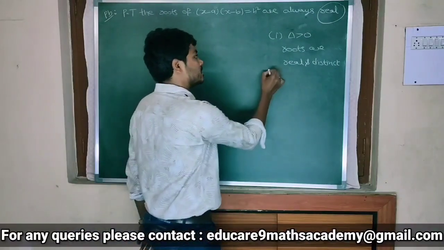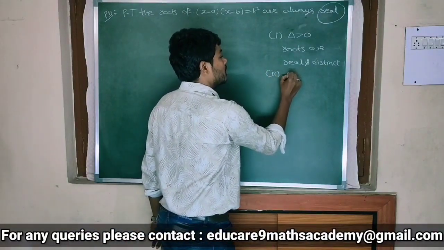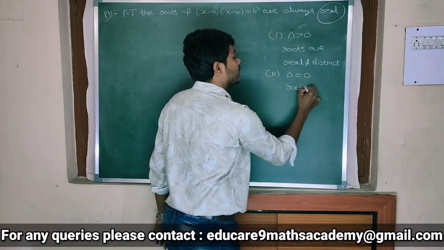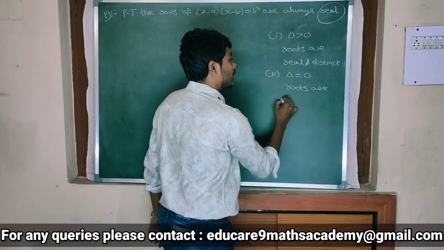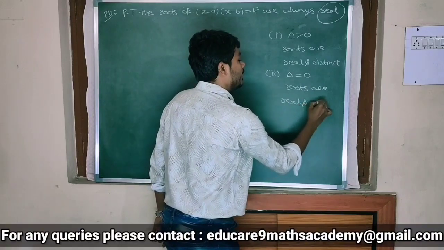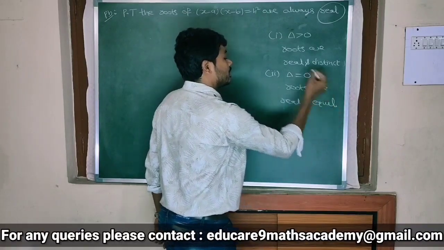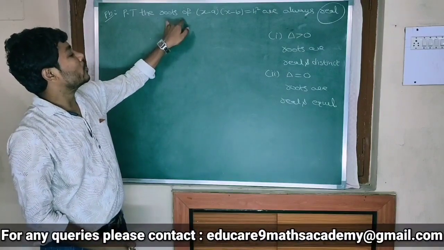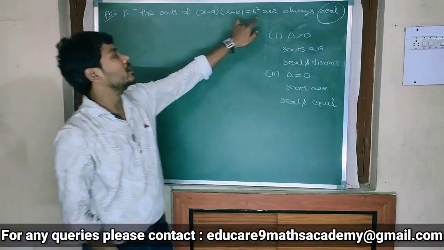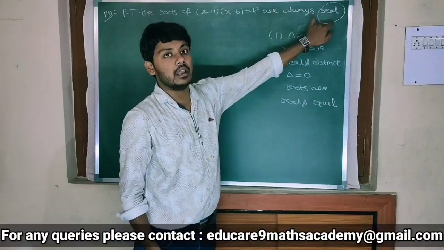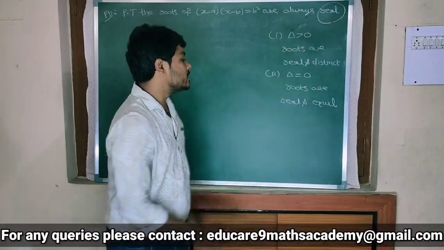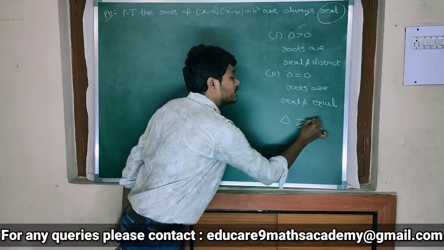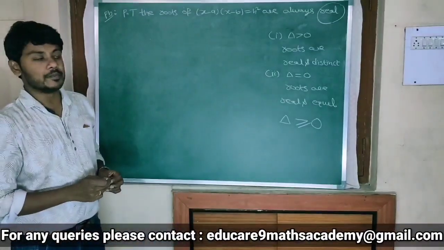And the second case, delta is equal to 0, so roots are real and equal. But here you want to prove roots of this equation are always real. Means you want to show delta value is greater than or equal to 0.